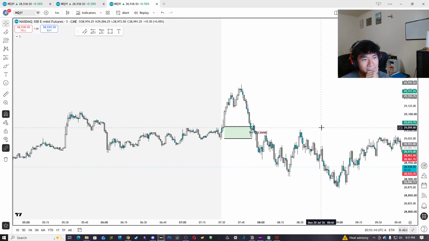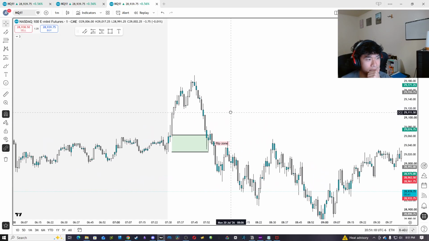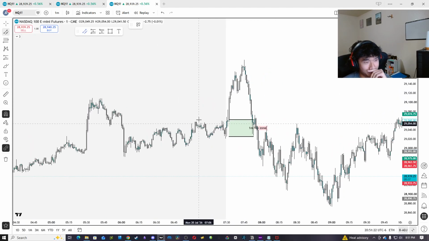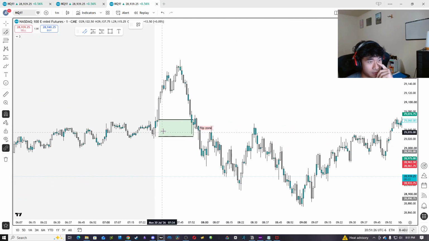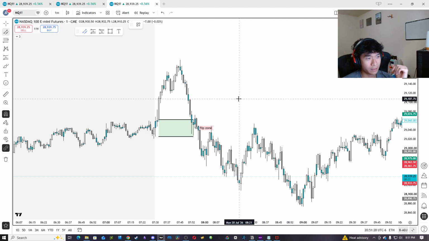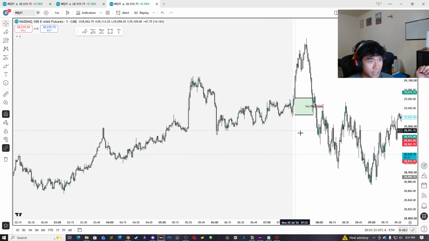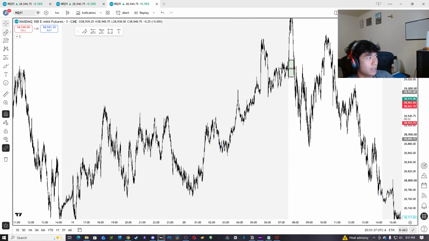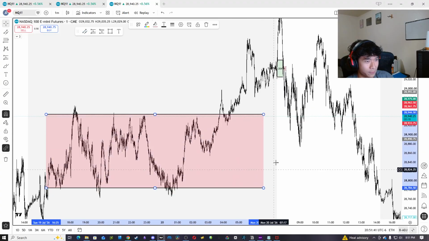So, how do we avoid getting trapped as a retail trader? That's a good question, because I forgot to mention the only reason why these flip zones work. If you look at a price chart, there are plenty of flip zones that get created that don't work, and the reason why they don't work is because they're in fair value.